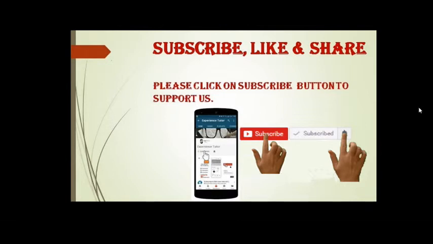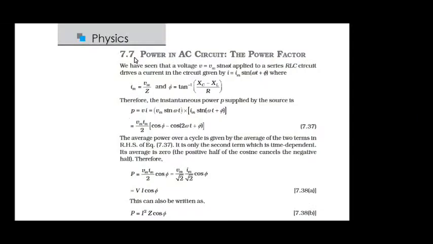Let us begin today's class. Today we'll start with section 7.7, power in AC circuit, the power factor.